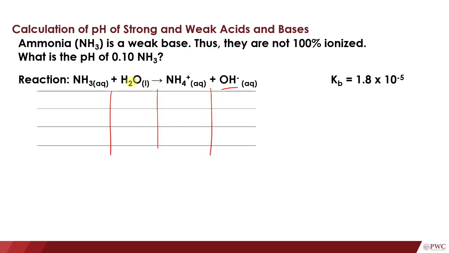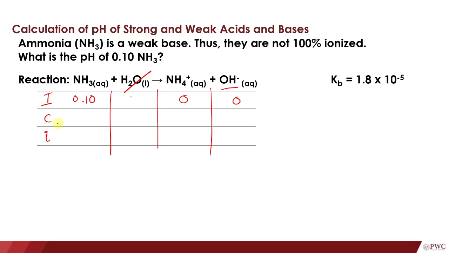Again, this one is liquid, so liquids are not included in our equilibrium expression. In the ice table, this is liquid, not included. So our initial concentration of ammonia is 0.10 molar. Our products are obviously 0.